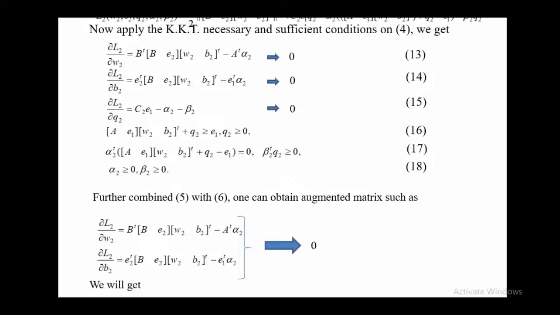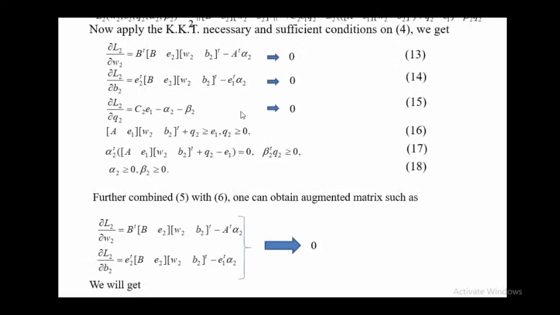And again, because this is represented by G transpose, you can write G transpose G U2 plus H transpose alpha 2 is equal to 0, because this is your G transpose, this is your G, this is your U2, this is your H transpose, and this is your alpha.